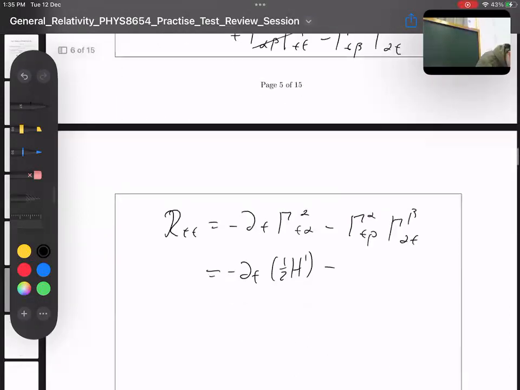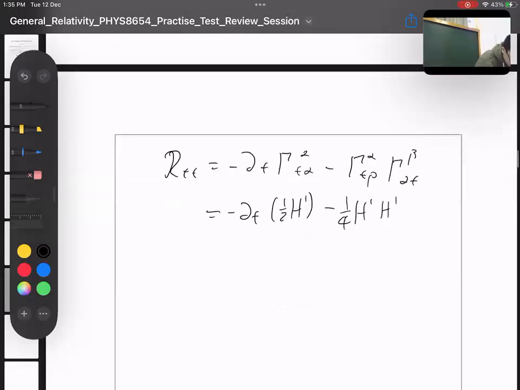So this will be... sorry, this should be just h prime and the h prime. It's a quarter. Should be right. So this would be minus a half h double prime. Like that.